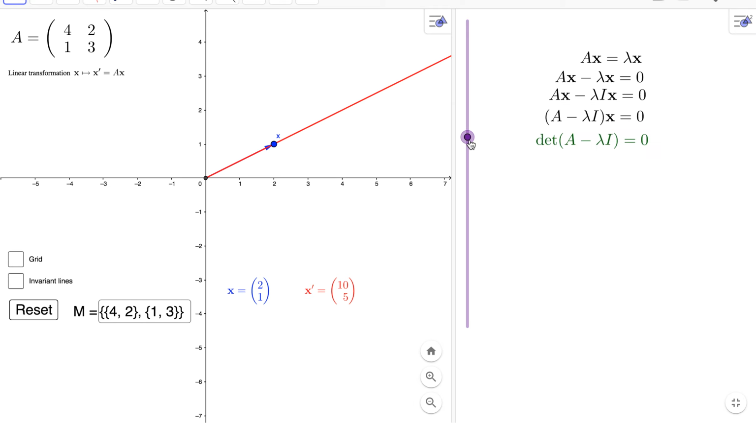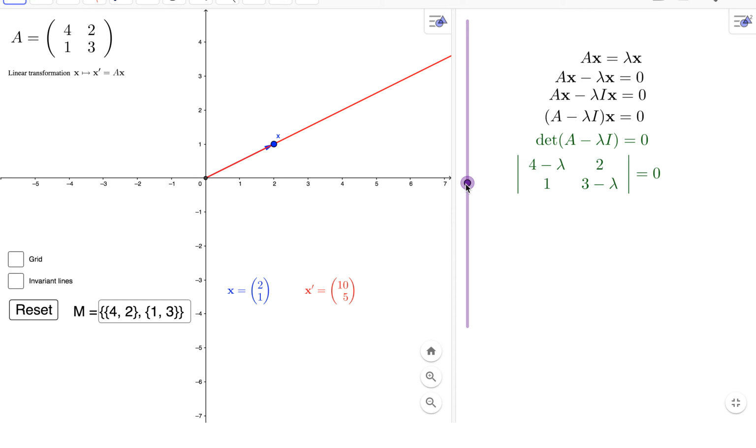That means that matrix must have 0 determinant. That's a very powerful theorem because I've actually got rid of almost all of my unknowns x. Instead of n equations and n plus 1 unknowns, I now have one equation and one unknown lambda. That's much simpler. Let's try that in this example.